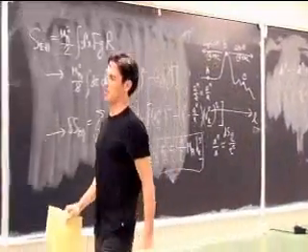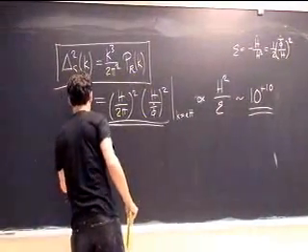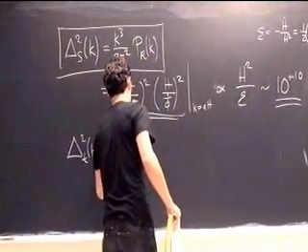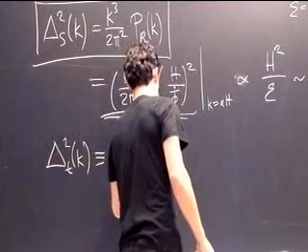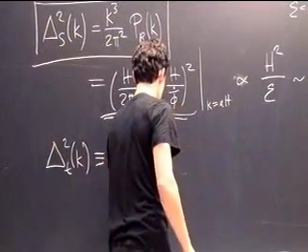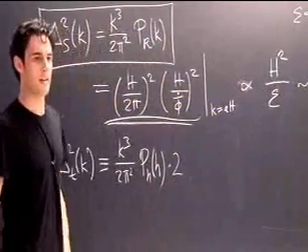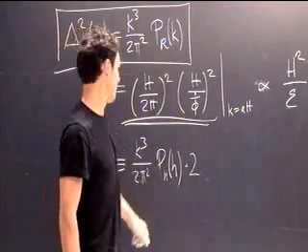So let me then just give you the final answer. The power spectrum for tensors is defined, again, with this k cubed over 2 pi squared times the power spectrum of h. And I'm sneaking in a factor of 2, because I call this the power spectrum of each of these polarization modes independently.